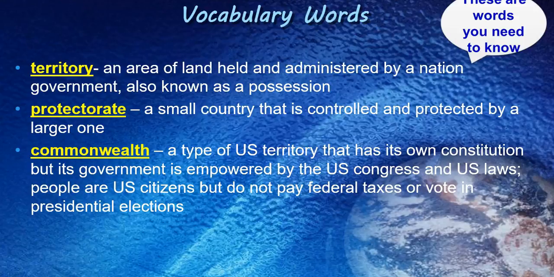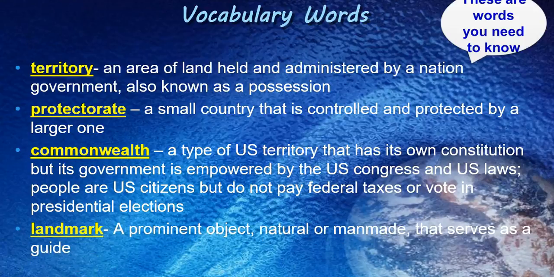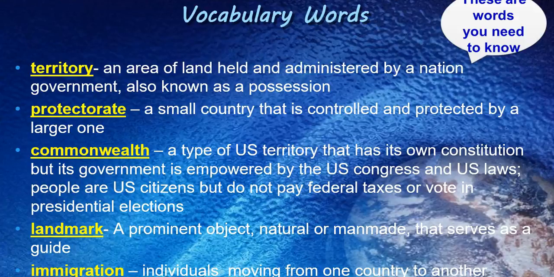Puerto Rico is a commonwealth. Landmark. A landmark is a prominent object, natural or man-made, that serves as a guide, like the Statue of Liberty. People see the Statue of Liberty, they say, hey, New York. And immigration. Immigration, individuals moving from one country to another. You're going to learn a lot about immigration in this class.